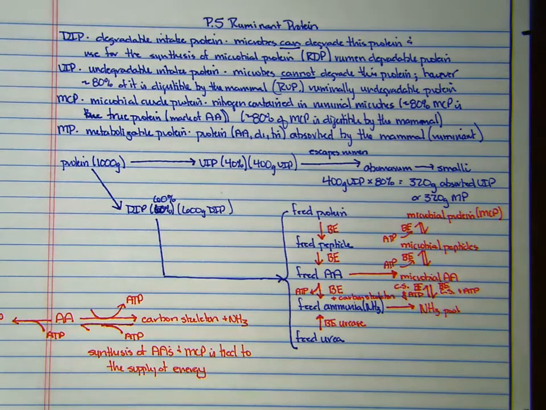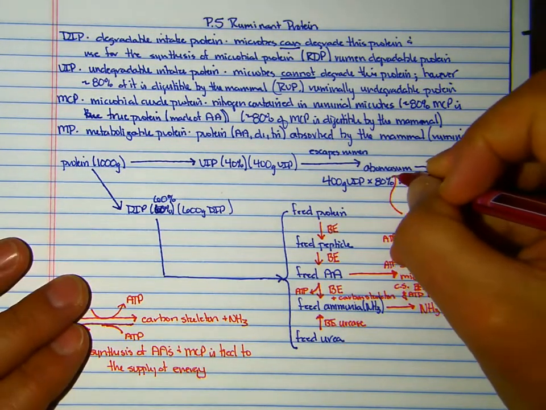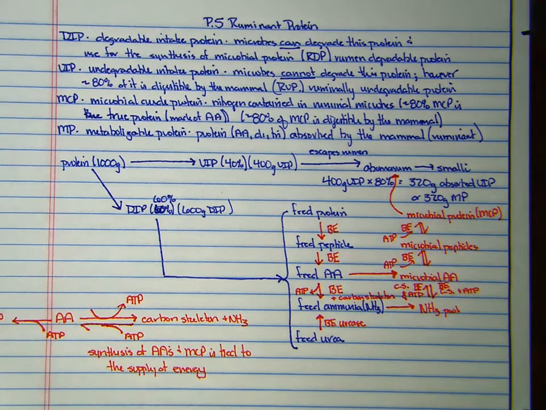Okay, the microbial crude protein can then go to the abomasum. Okay, and then the abomasum microbial crude protein is going to be digested using the same enzyme, same hydrochloric acid as the UIP, following the same process.